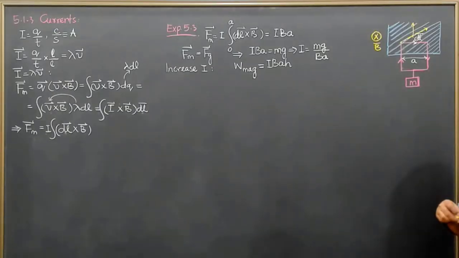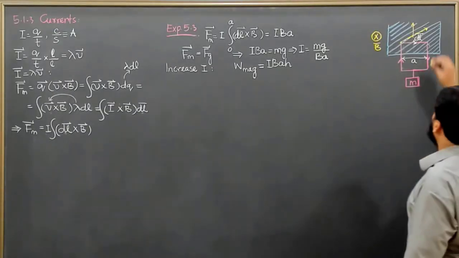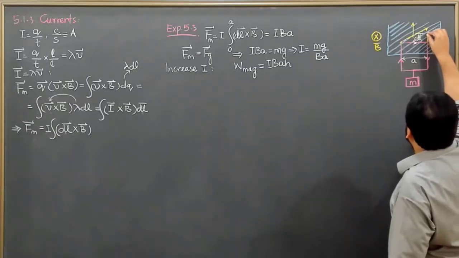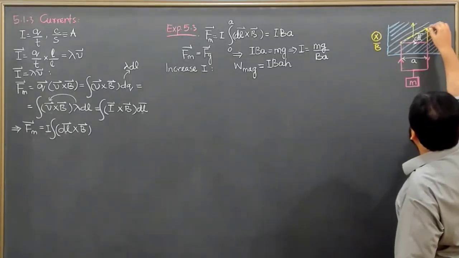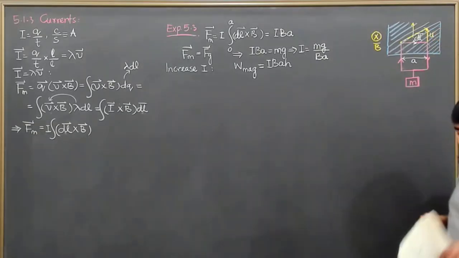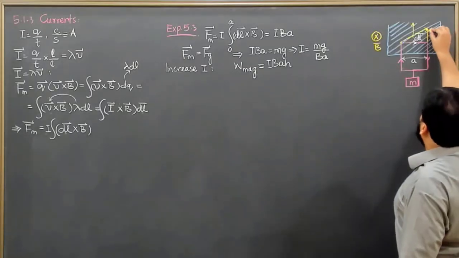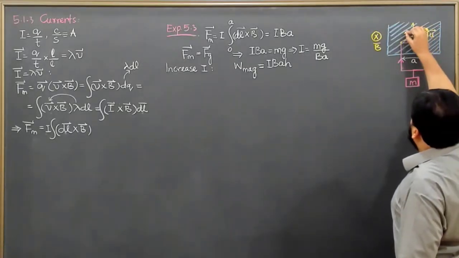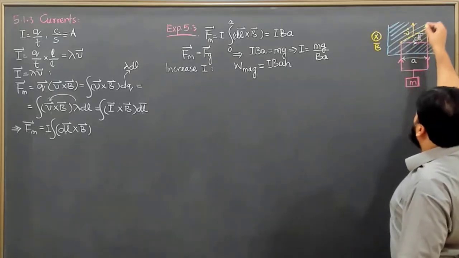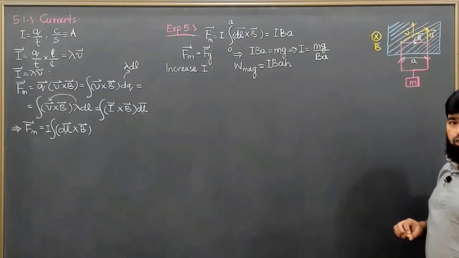So an upward component has been added, and that upward component is u, while this is the actual velocity with which it is going in that direction.